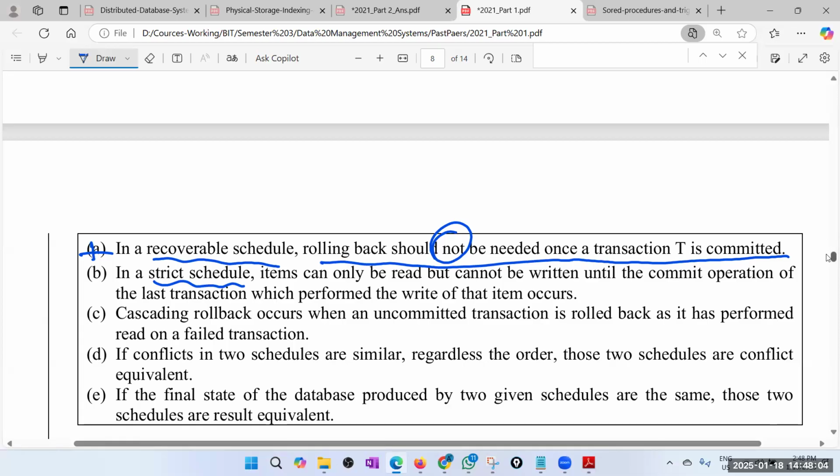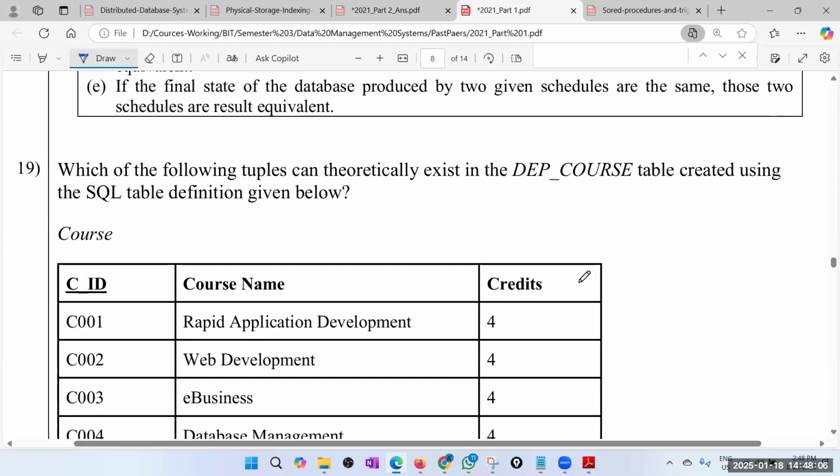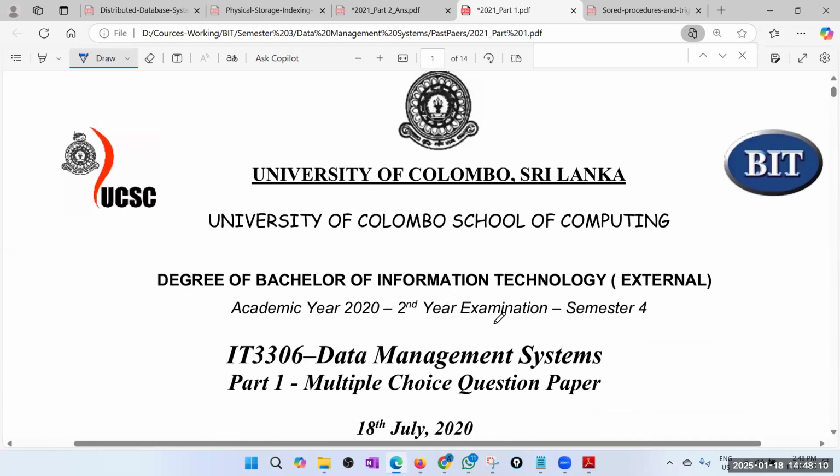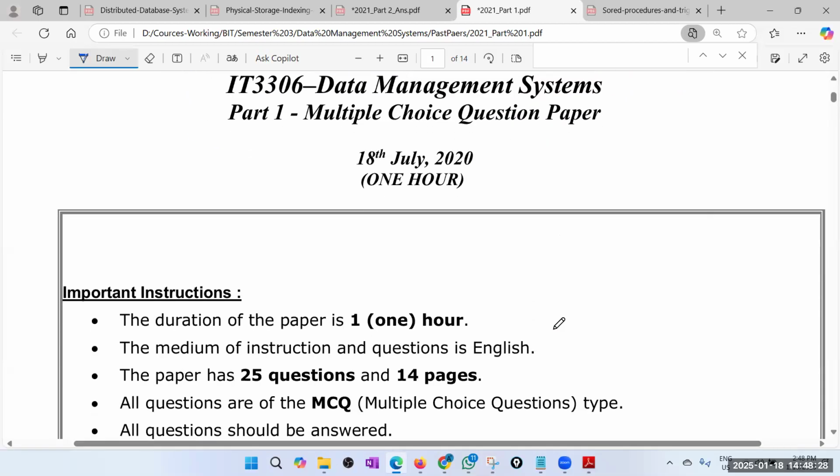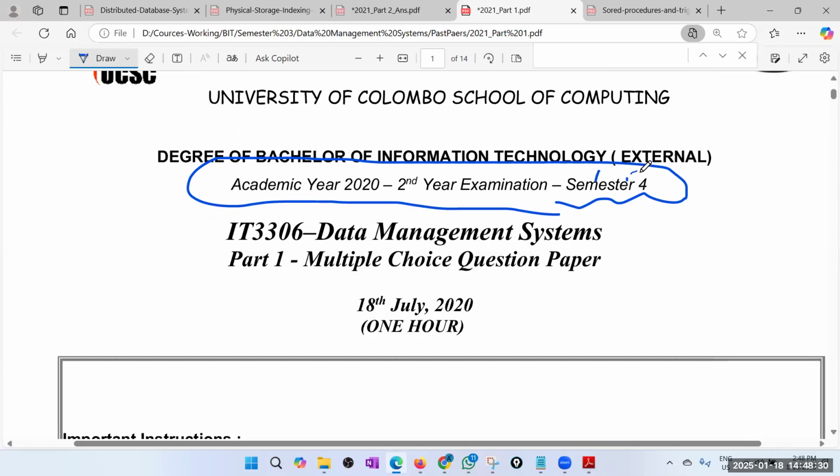I think this looks a little bit out-of-syllabus. No, right? Second, yes, semester 4. So I think that is why, because that semester 4. Is it, but it was not in semester. I think this is a typing mistake. No, it should be semester 3.